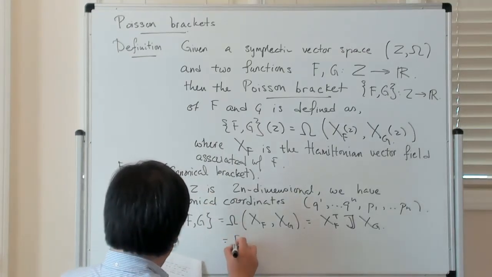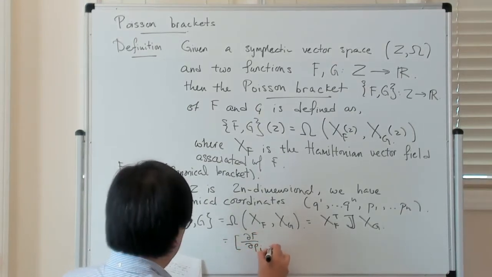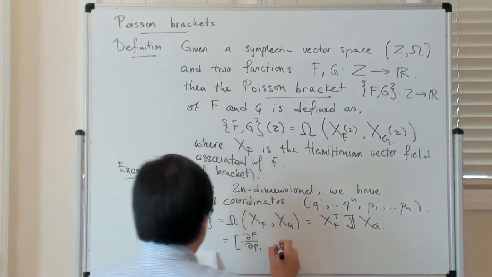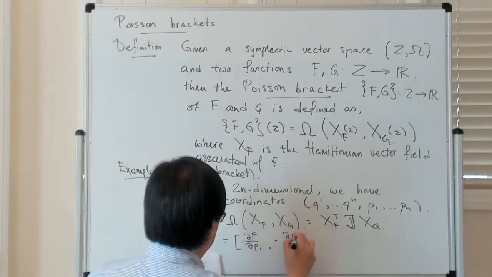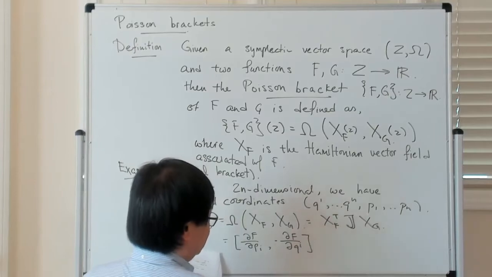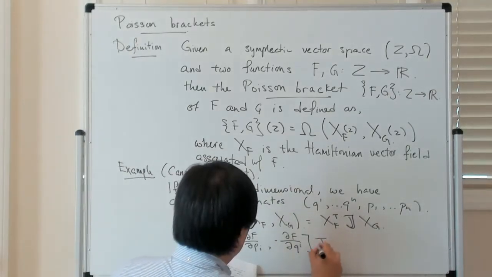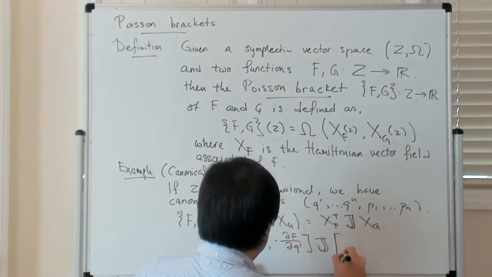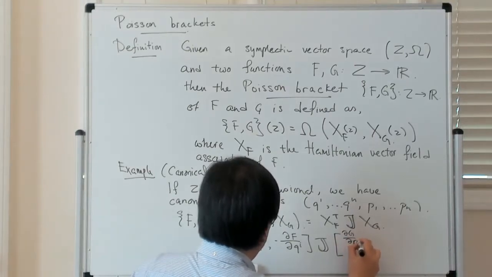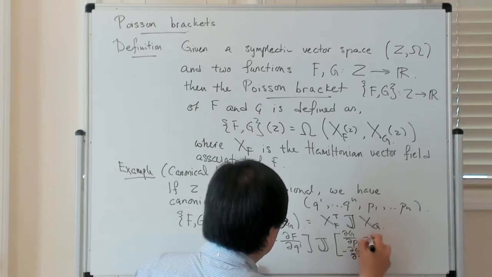So this looks like, and I'm going to assume that i varies from 1 to n here, so I'm just going to write it a little more compactly, ∂f/∂pi, ∂f/∂qi, so this is the Hamiltonian vector field generated by f, and then transposed, and I have the J matrix, and then there's ∂g/∂pi, minus ∂g/∂qi.